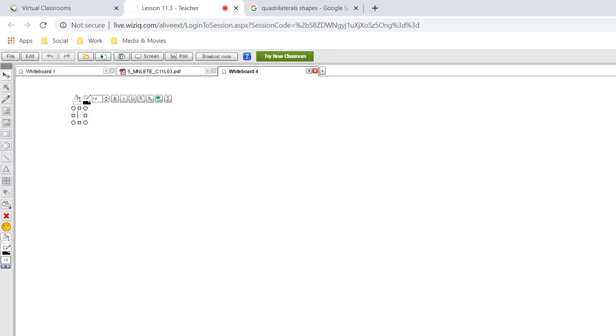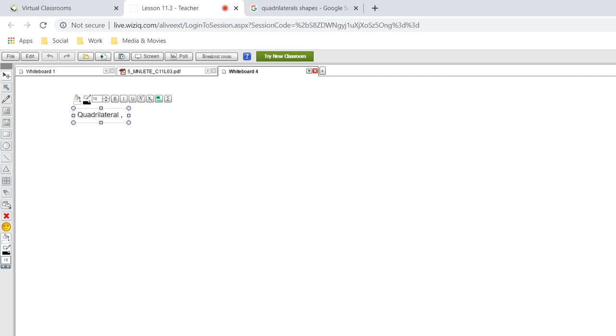Yes, quadrilateral. And then we have rhombus, right? Rhombus or what?